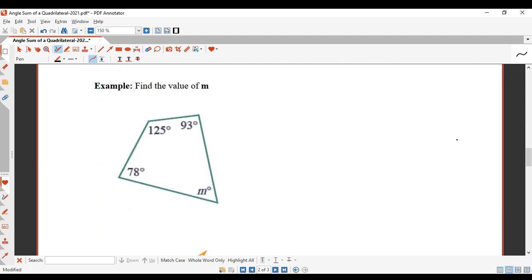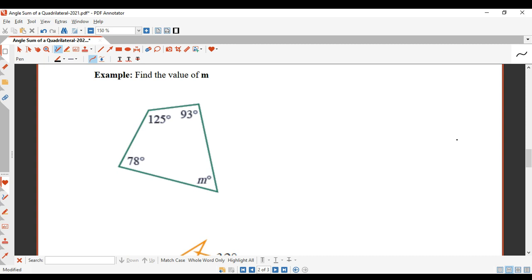So let's apply that to two questions now. Now, these aren't difficult, so let's look at what working out you're going to use to make it easier. So I've got three angles here. I'm going to add up the three angles that I know, and then use that to work out the fourth angle. The fourth angle's down there.